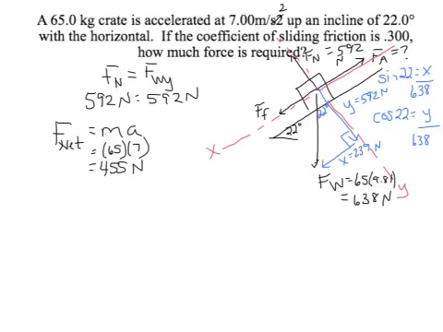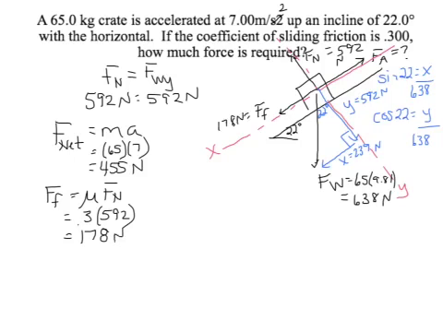Right now I only have one of those forces, which is the x component of the weight, which is down the ramp. I can find another one though, because I know the coefficient of friction and I know the normal force. Those two factors affect the amount of friction, and since the coefficient is 0.3 and the normal force is 592, I get the friction down the ramp is 178 newtons.